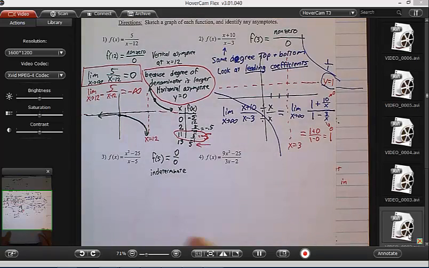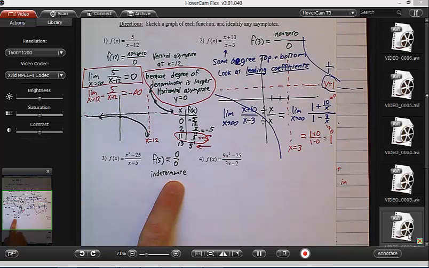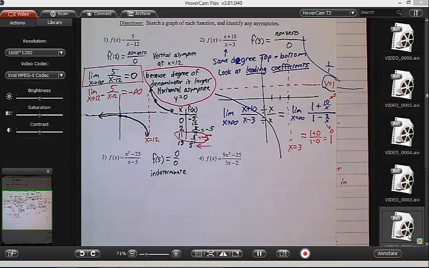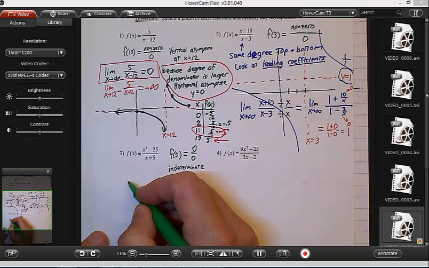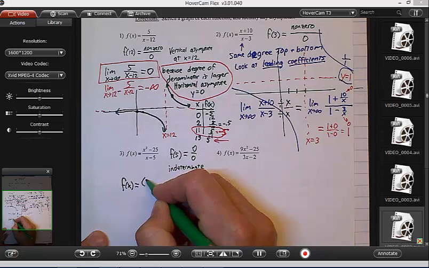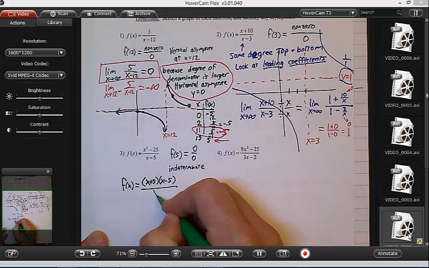All right, number 3. We talked about this, right? You have what's called an indeterminate form. And so hopefully there's some algebra you can do. And there is, right? So here, we can say that f of x is equal to x plus 5 times x minus 5 over x minus 5, right?